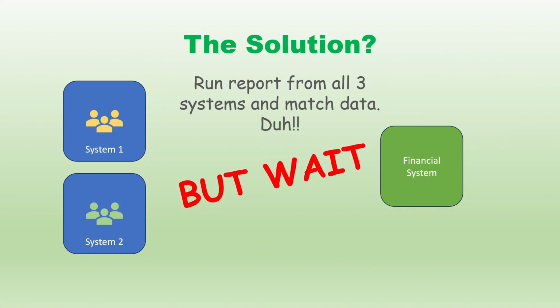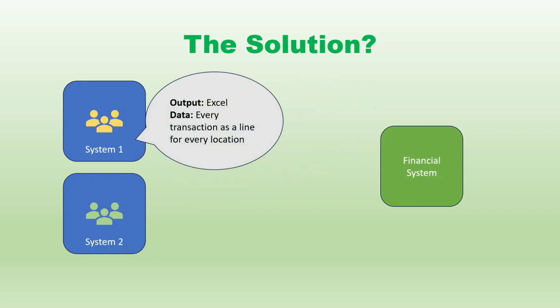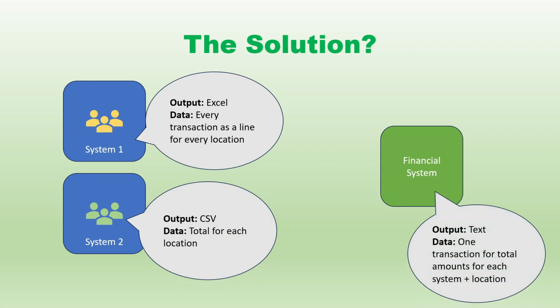But wait, it is not always that easy. Why? Because if you look closely, every system has a different type of output. In our example, one system was giving Excel output, the next system was CSV, and the third system was in text format.